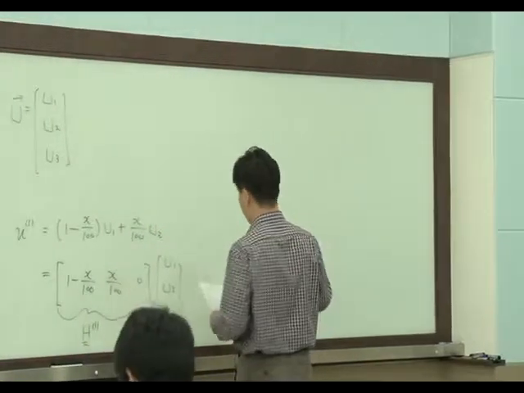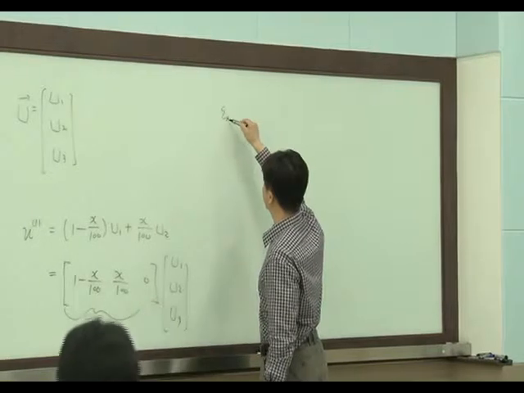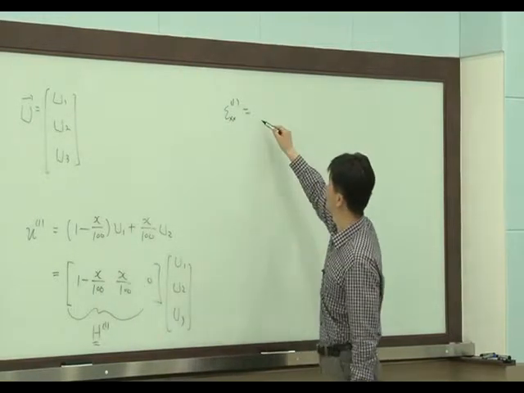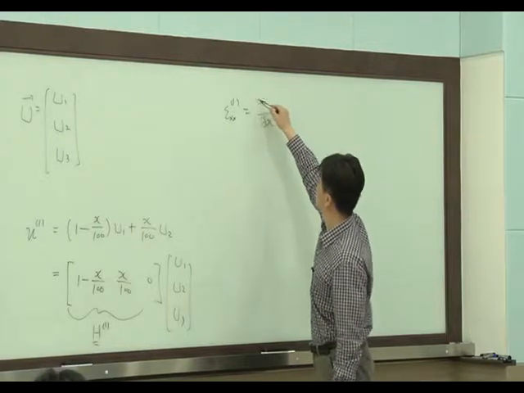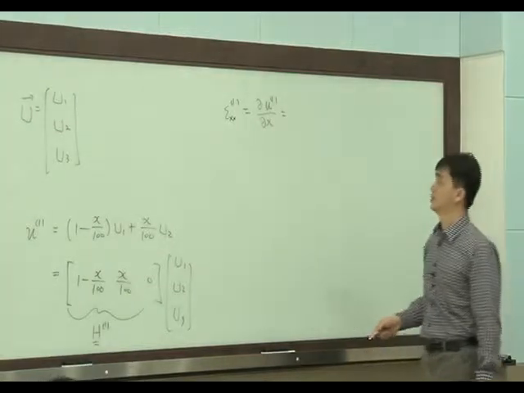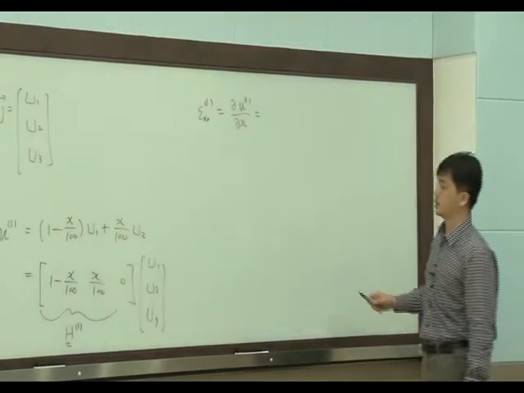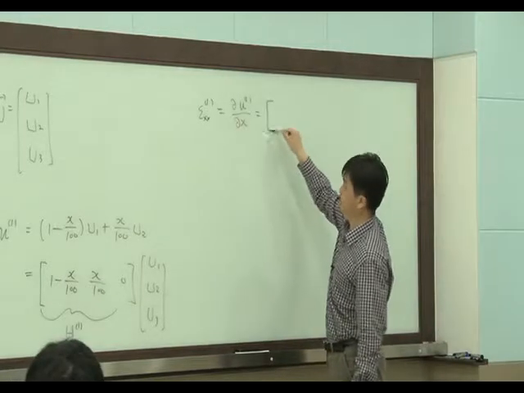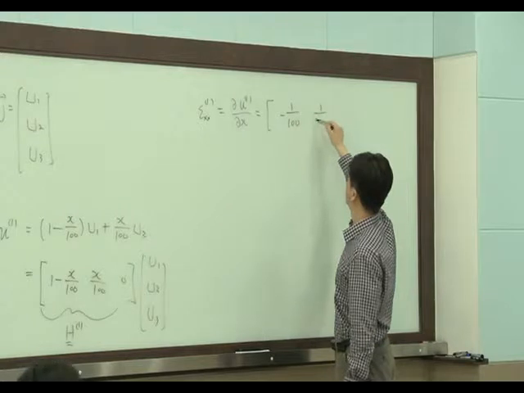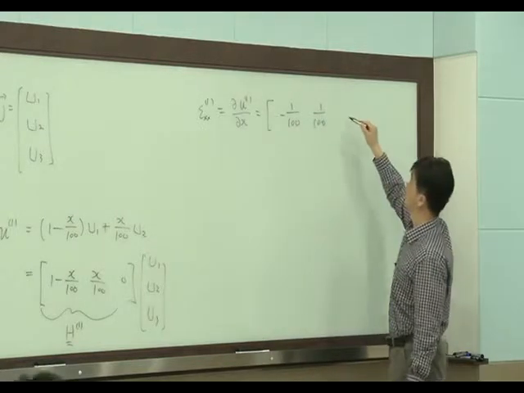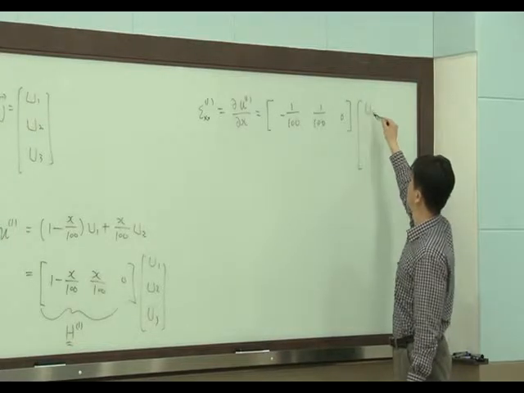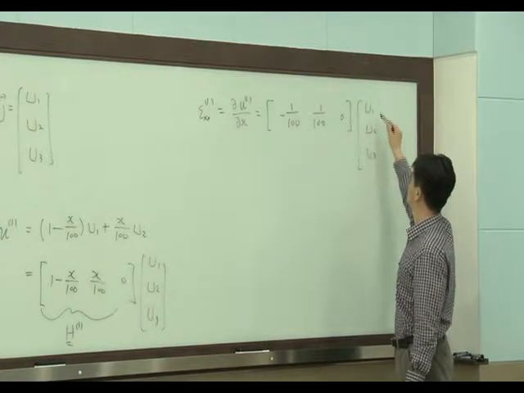And let's calculate the strain for element 1. This can be calculated very simply. It becomes directly minus 1 over 100, 1 over 100, 0, times U1, U2, U3.